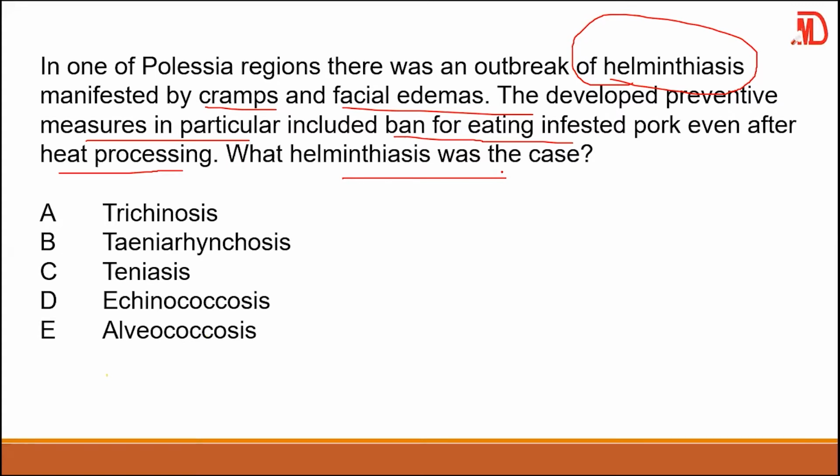We have done these things in microbiology, echinococcus and all of those. So please do yourself the favor and get those videos as well. So here is trichinosis, and the answer is A.